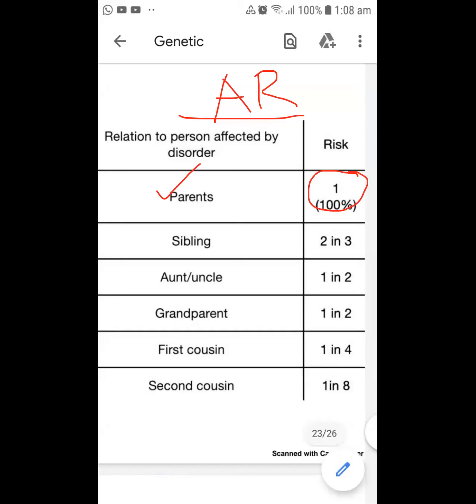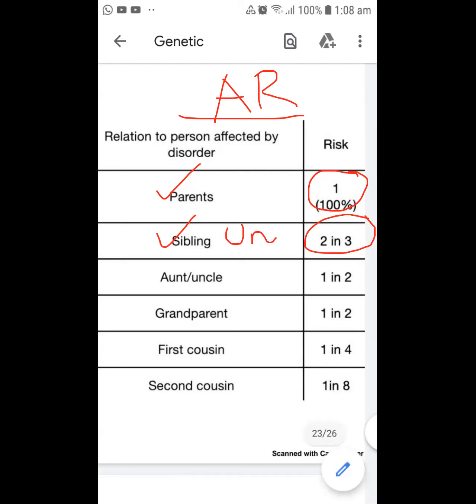Now, if any person has an affected sibling, like an affected brother or sister, the chance of the unaffected sibling being a carrier is 2/3.